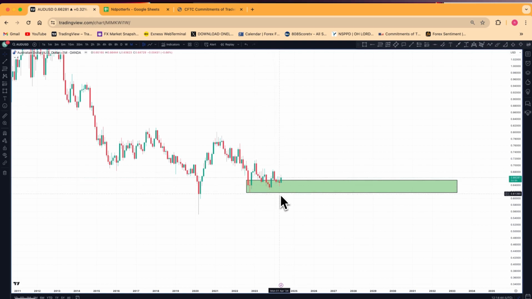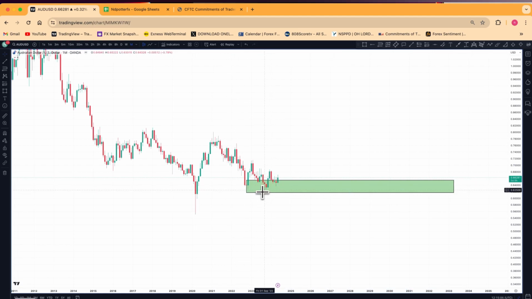Now I'm seeing that the high institutions are building a strong long position on AUD USD here, and on monthly I'm seeing that this market is currently sitting on a demand zone.